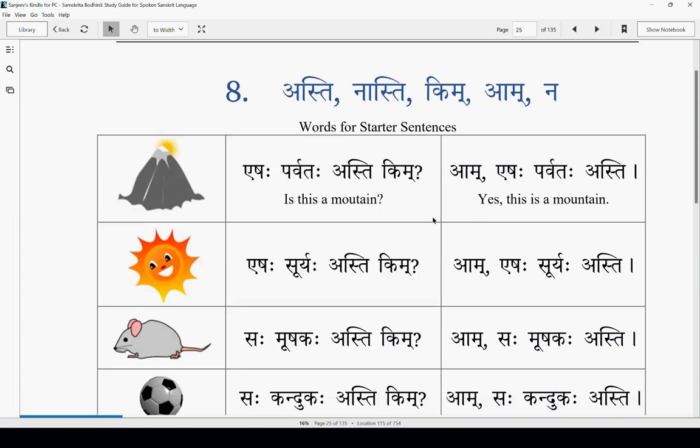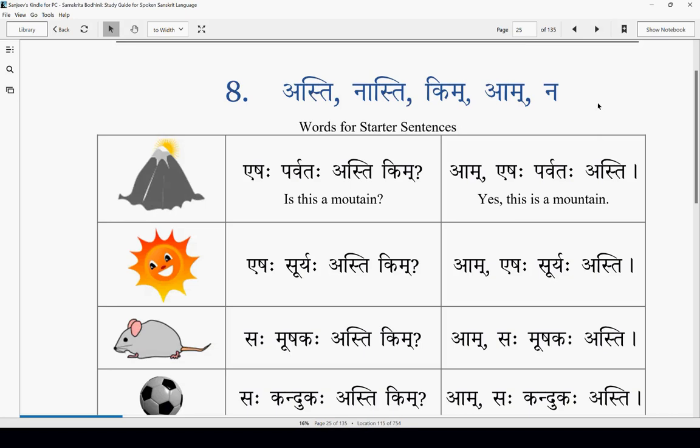But the point I want to make here is Eshaha Parvatah Asti Kim. Here, what is the lingam of Kim, in what format is it used, that is our point of interest. Previously, where it was Tat Kim, Tat Jalam, we saw that Kim is a Napumsakalinga Ekavachana word in the Prathama Vibhakti.